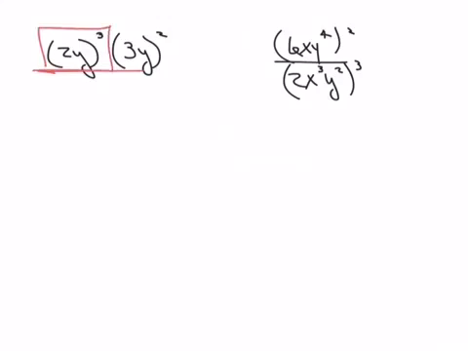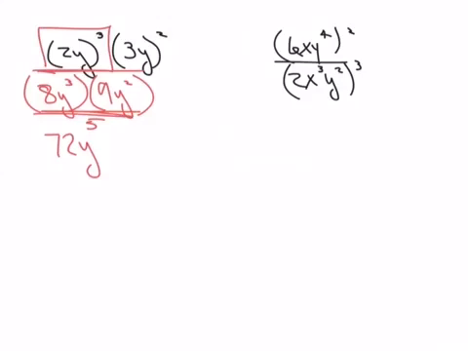Now, we can multiply these. 9 times 8 is 72, and I have a y cubed and a y squared, so add those together, and I get that. Okay, so let's look at the one on the right. I'm going to simplify the top first. When I do that, I have 6 times 6 is 36, because I squared the 6, I square the x, and I square the y.